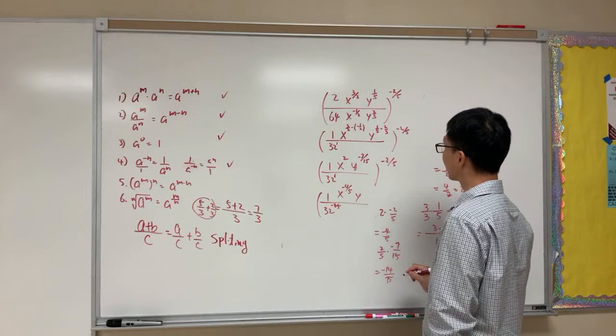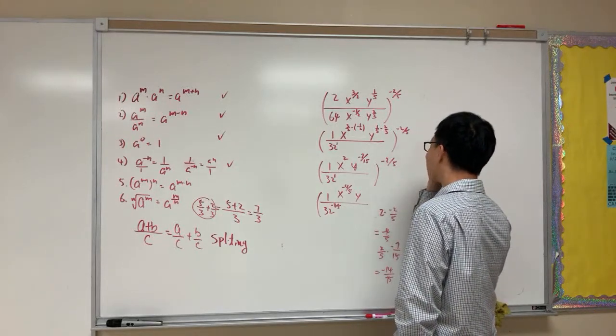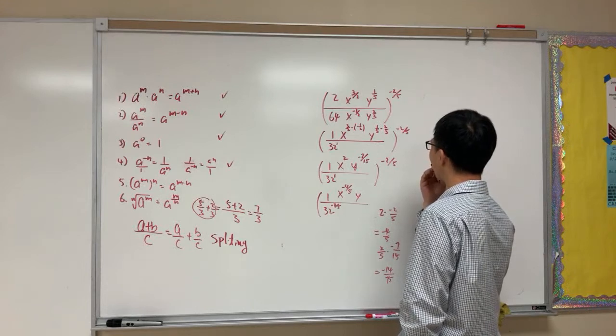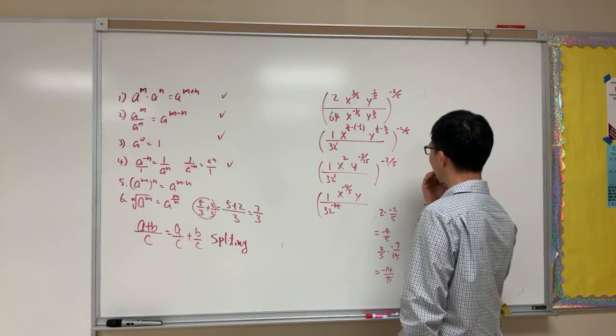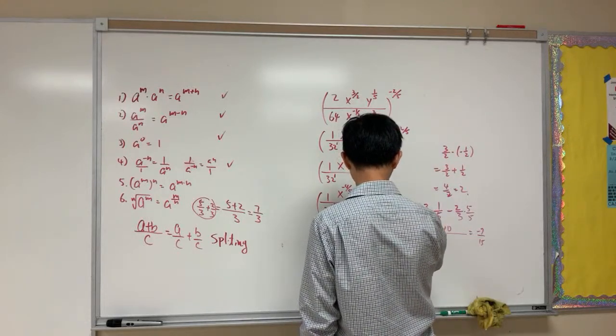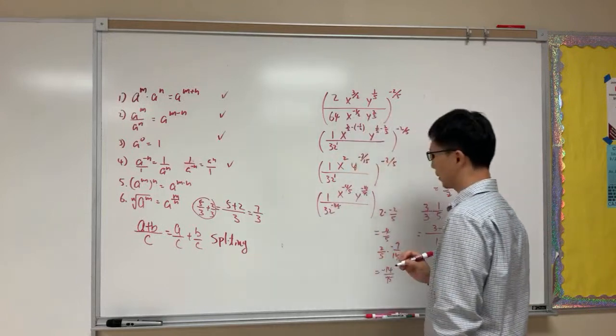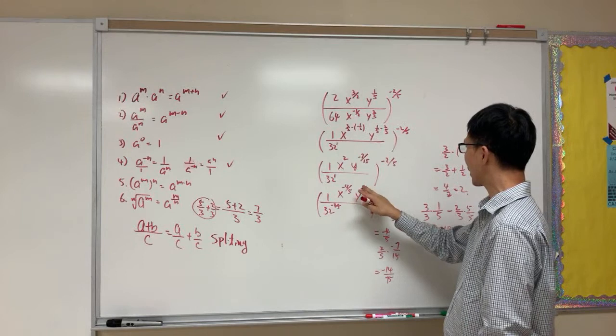Oh, that's ugly. So this is going to be negative 14 over 75. But it doesn't matter because I'm not going to do anything with it. Is it positive though?